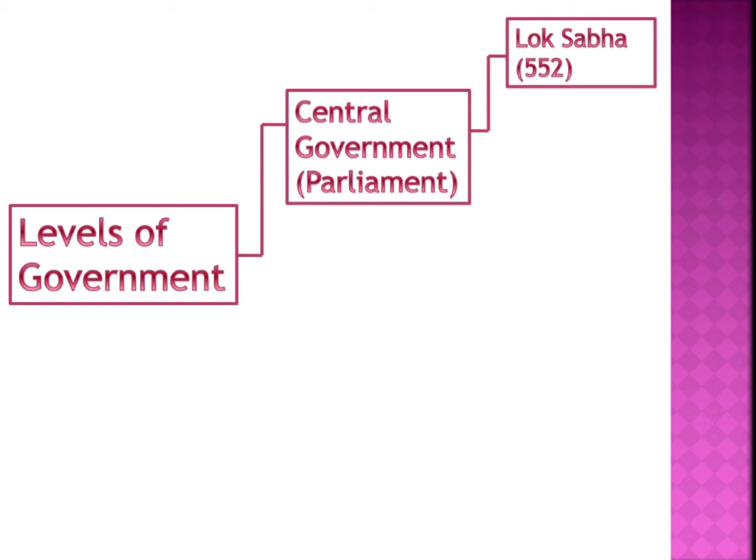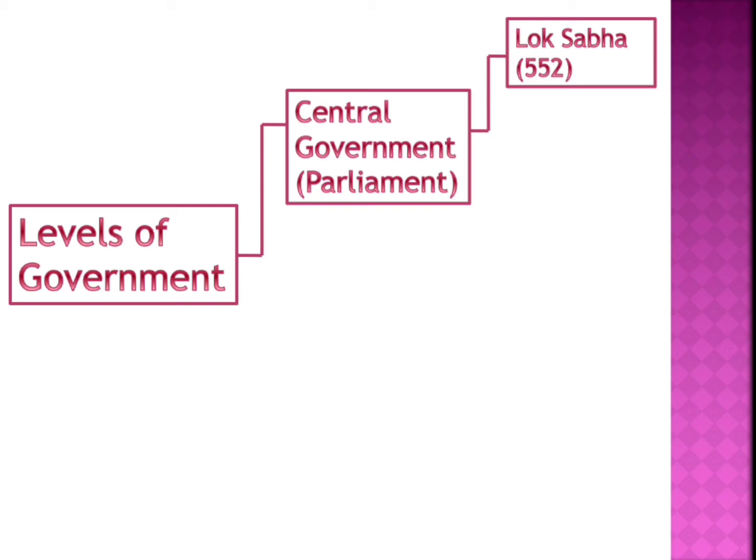Whenever they have to introduce a law into the country, that law will be discussed with these 552 members of Lok Sabha. They'll discuss what are the plus points of that law, what are the minus points, who will be suffering, who will be benefited, will anyone get harmed with that law. All those things they discuss in this Lok Sabha.